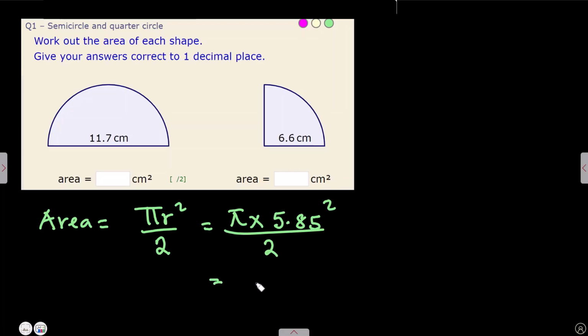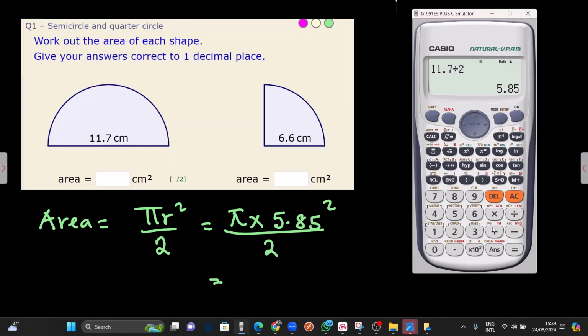And of course if you do this, you have to multiply that by pi.